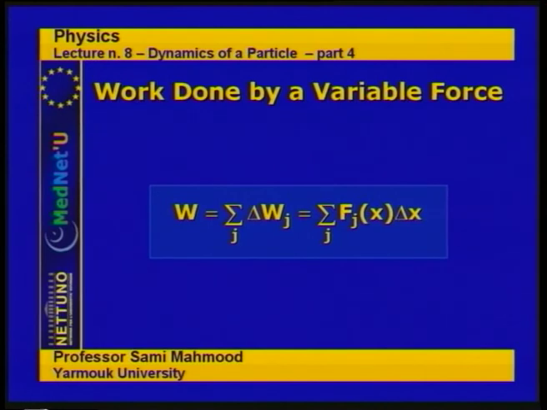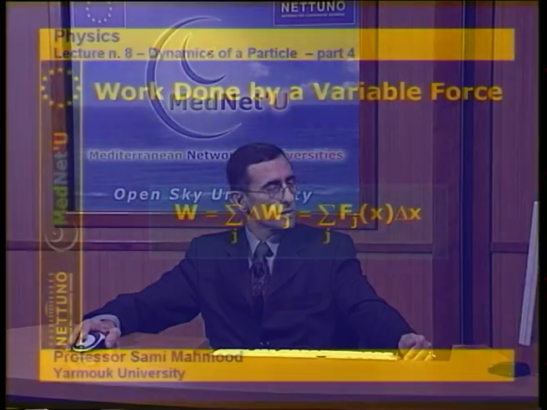So we obtain this formula, which says that the work done is the summation over j, over the different intervals, of f sub j of x times delta x. That will give us the total work done by the variable force in moving the object a given displacement.